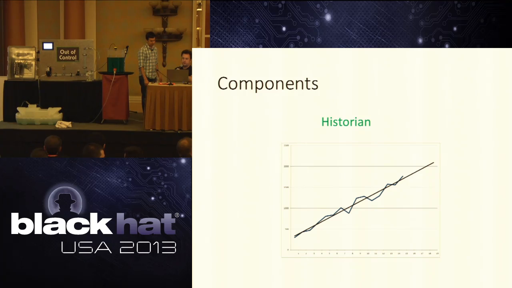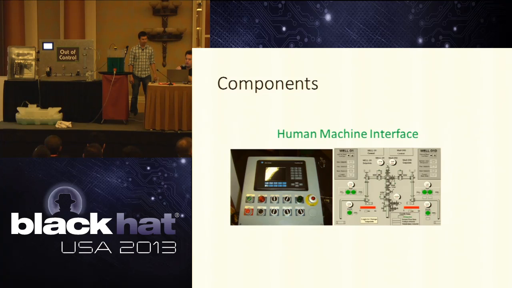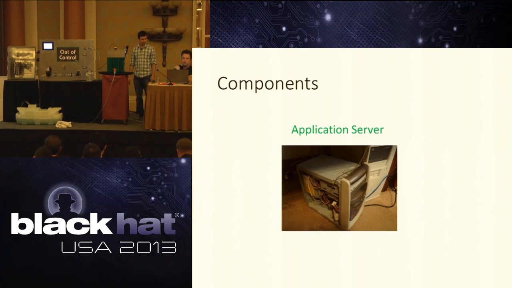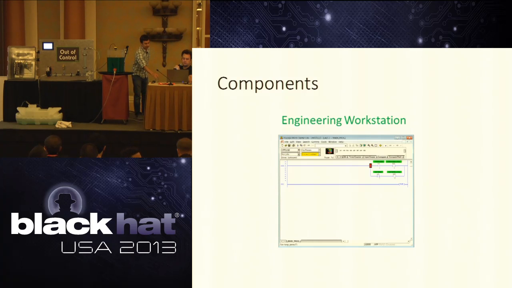And just briefly, we're going to go through and point out some of the components that we do have here. Historian is not represented in our demo, but the HMI is the panel you see up there that's displaying a view. That's just how, like I said, the operator views the process and has some control. The application server is really just any computer that aggregates the data from the field to bring up to the network.